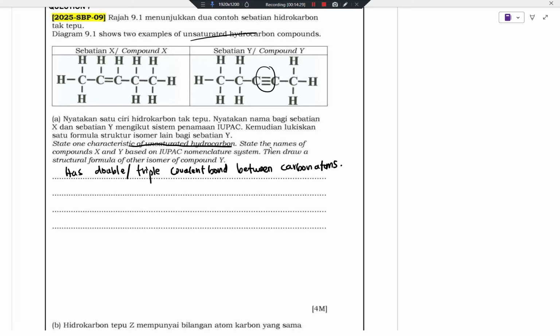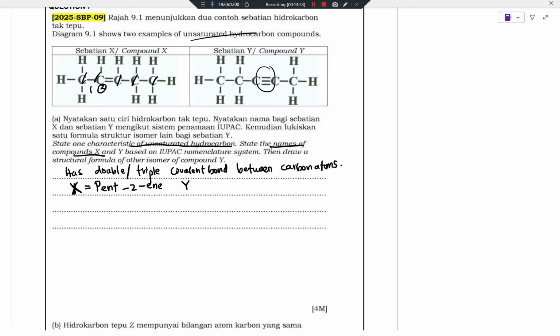Okay, state the name of the compound X. Compound X, 1, 2, 3, 4, 5. So compound X is pentene. The one in IUPAC. Okay, IUPAC means cannot write just pentene. Which carbon, 1, 2, second carbon, pent-2-ene.